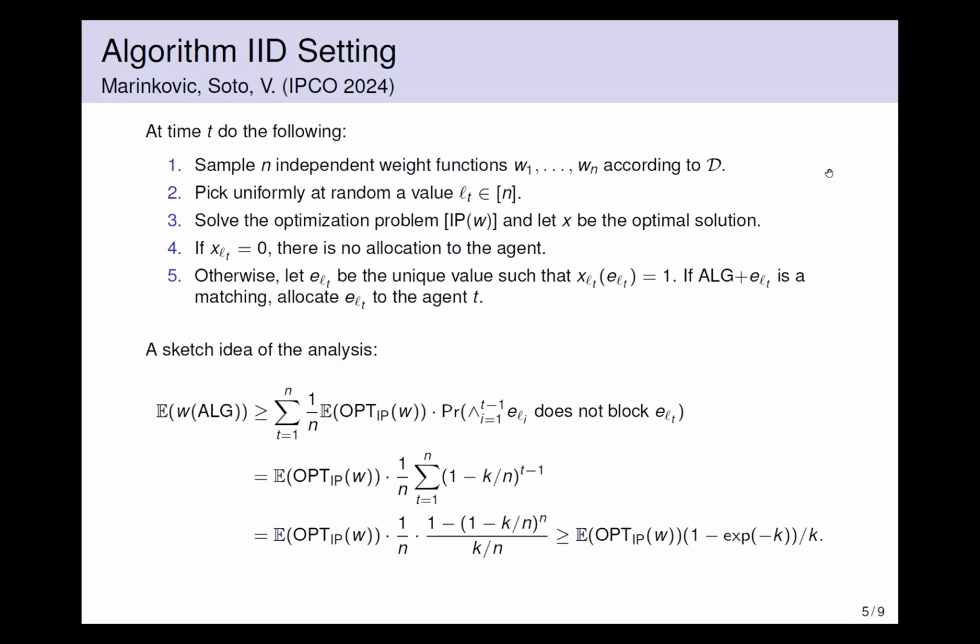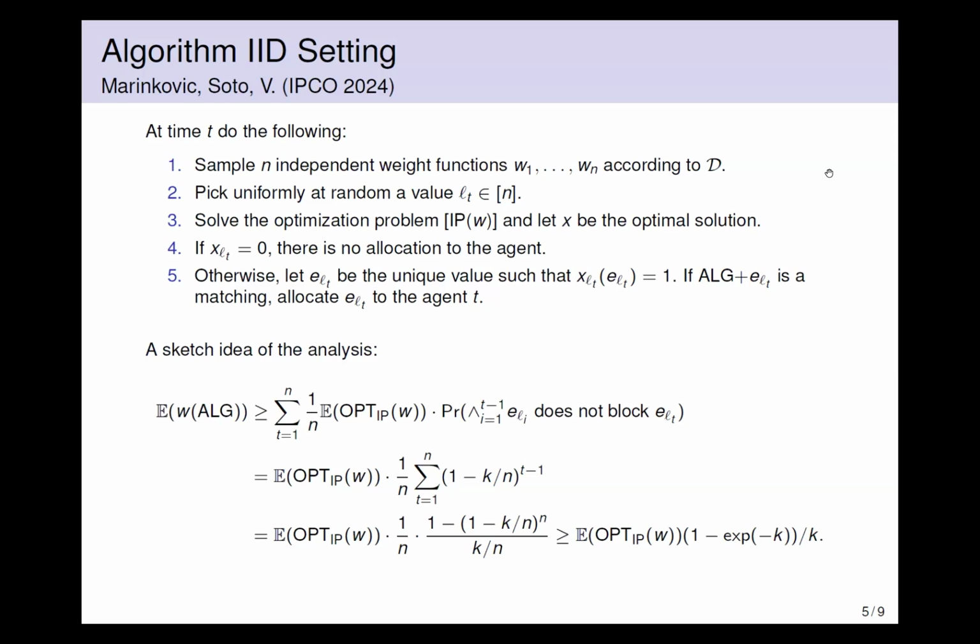the 1 over n, the summation from 1 up to n, of (1 minus k over n) to the t minus 1, right? And this thing, well, it's just equal to 1 minus (1 minus k over n) to the n, divided by k over n.